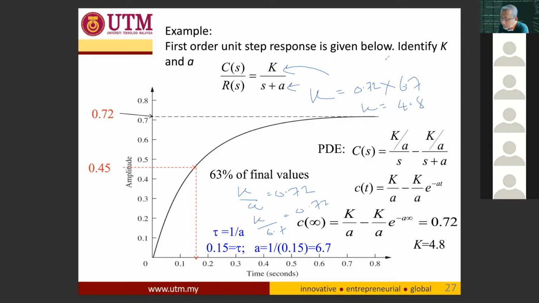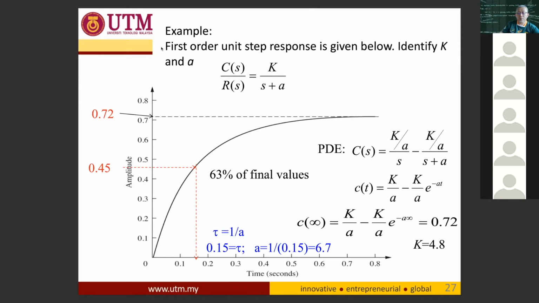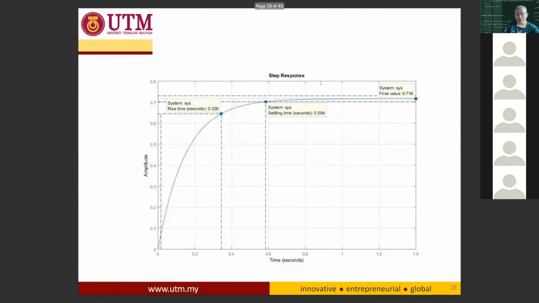So now we have the transfer function, which is C over R equals 4.8 over S plus 6.7. Can you understand this? So how do we get this graph using MATLAB?